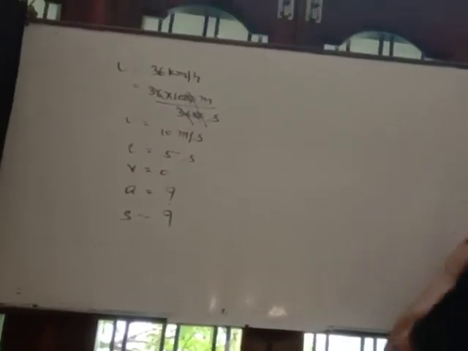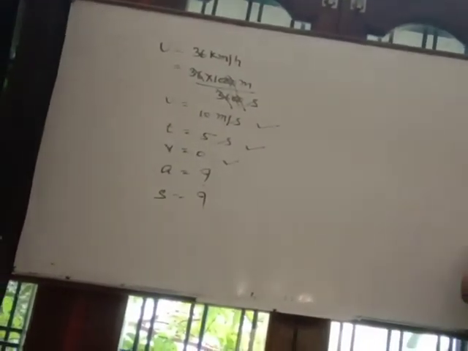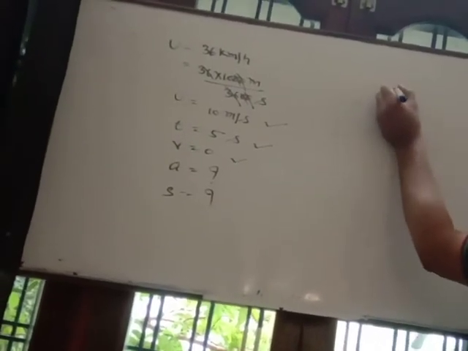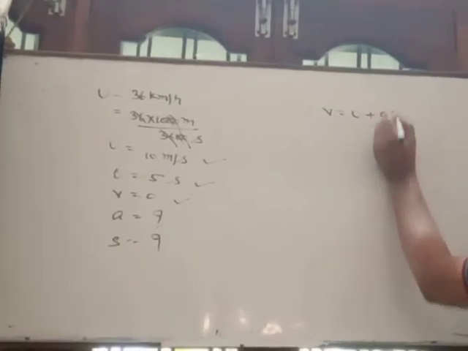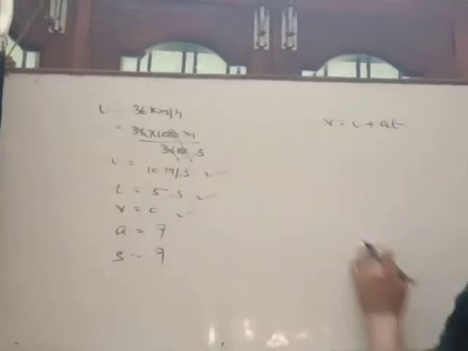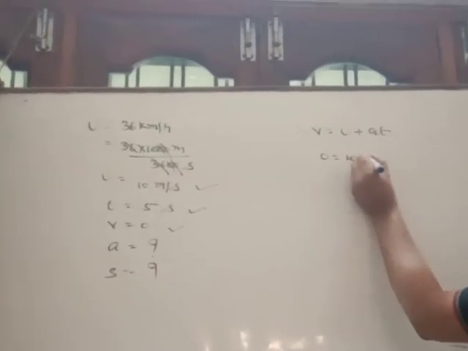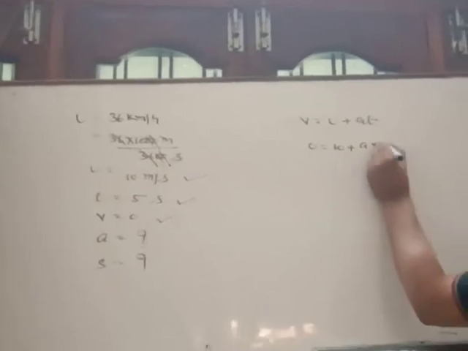Clear? U given, V given, T given, we can calculate acceleration. Since by first equation of motion V is equal to U plus AT. V is equal to 0, U is equal to 10, acceleration is to be found, time is equal to 5.